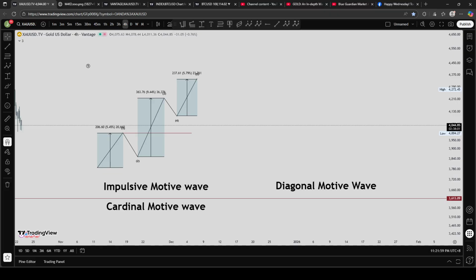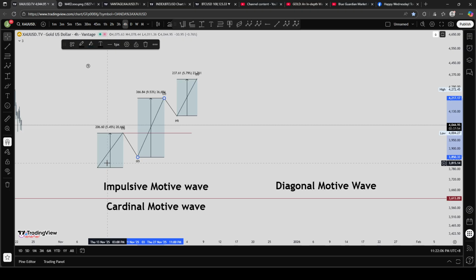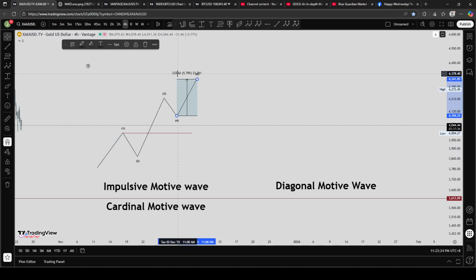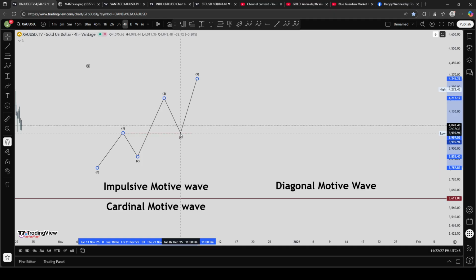So again, the first cardinal rule is that wave 2 must not retrace beyond the territory of wave 0 or the origin of wave 1. Second rule, wave 3 must not be the shortest. Now for the third cardinal rule of Elliott wave theory, wave 4 should not retrace beyond or overlap the territory of wave 1.